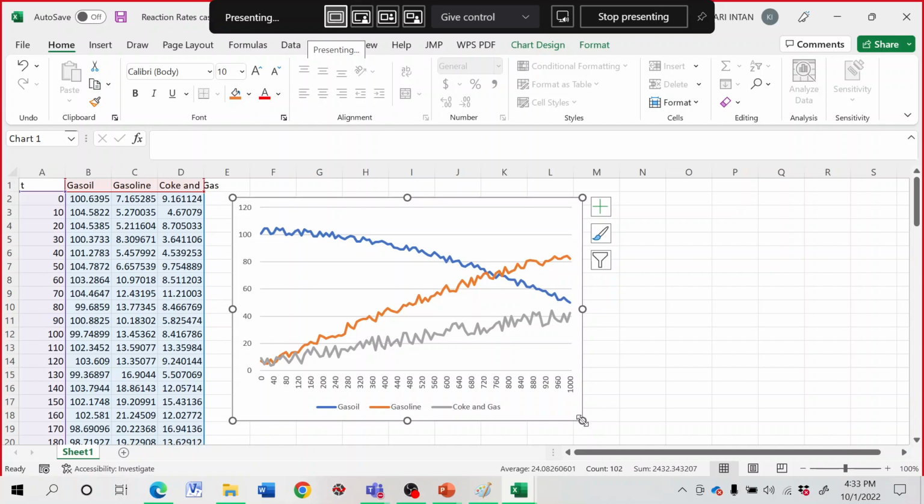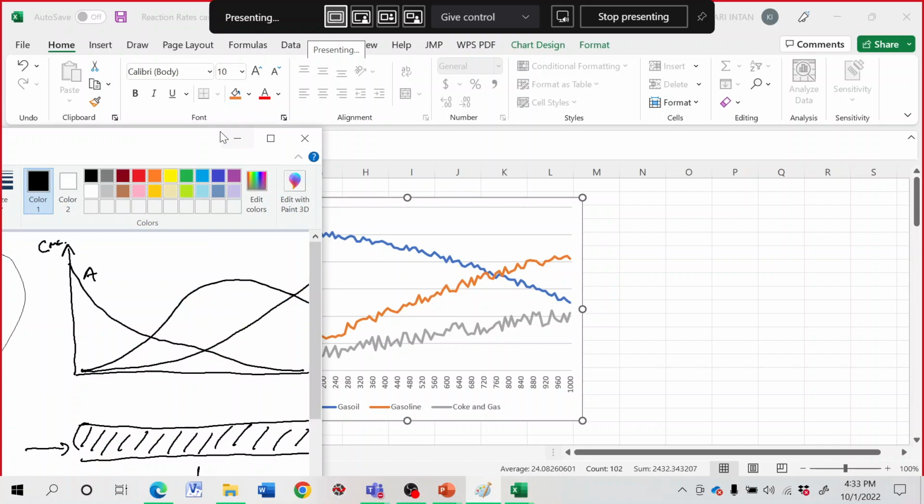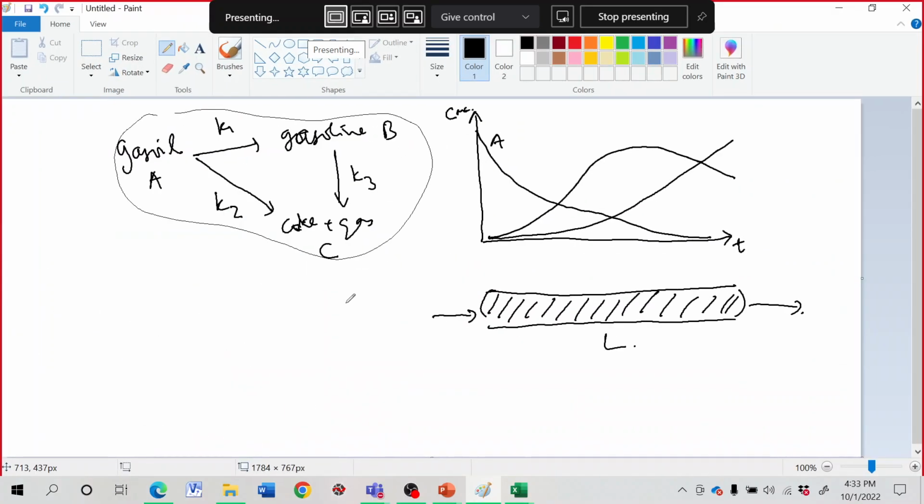So you could solve this with the concept of optimization. Okay, so how do we solve this? Maybe I'll write it here.